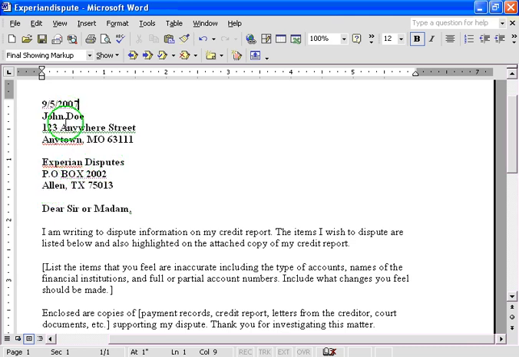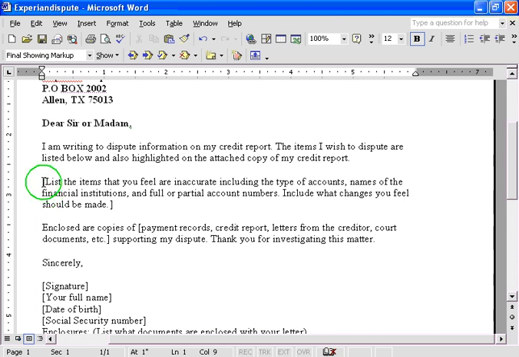Now, here is where you would put your name, the date, your address, city, state, and zip. Keep this information right here the same. Keep all this the same. However, right here, in between these brackets, is where you would list the items that you feel are inaccurate, including the type of accounts, names of the financial institutions, full or partial account numbers, and include what changes you feel should be made.